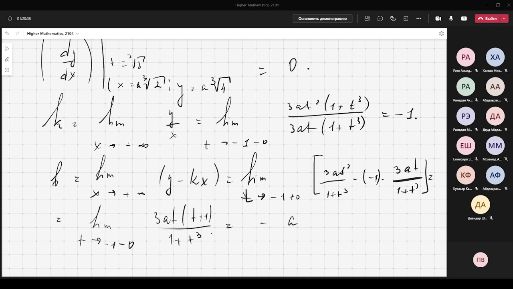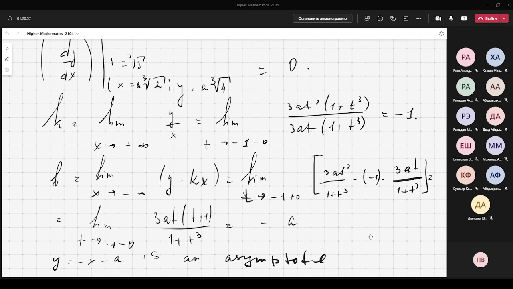Hence the straight line y equals minus x minus a is an asymptote to a branch of the curve as x approaches plus infinity.